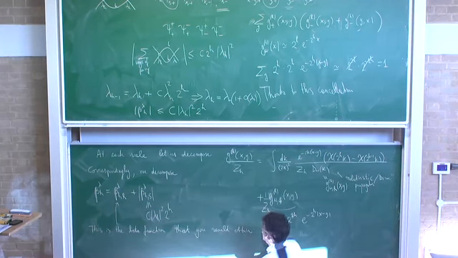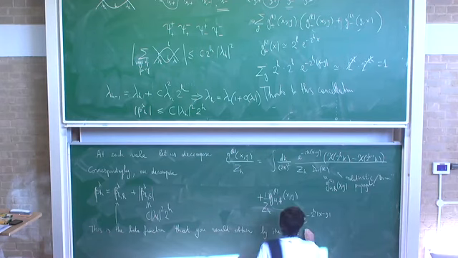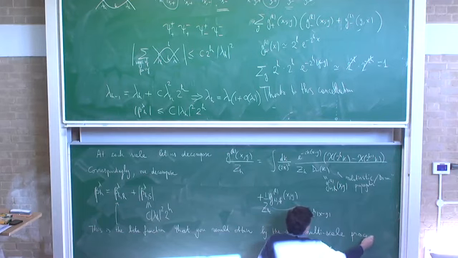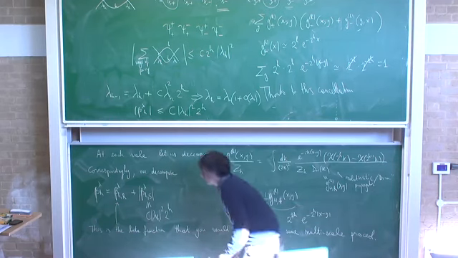So this is the beta function that you would obtain by the same multi-scale procedure for the following model.